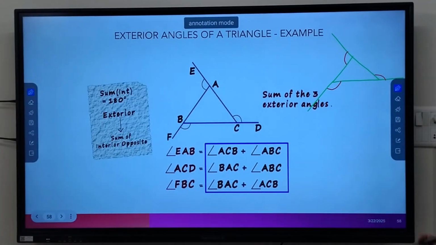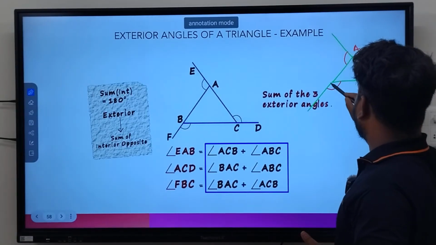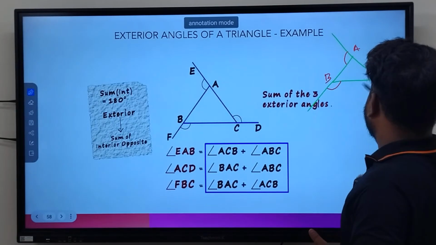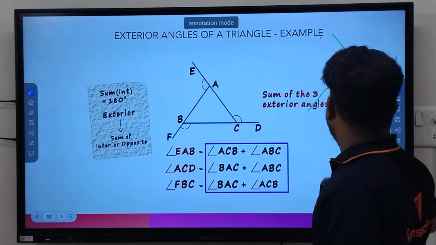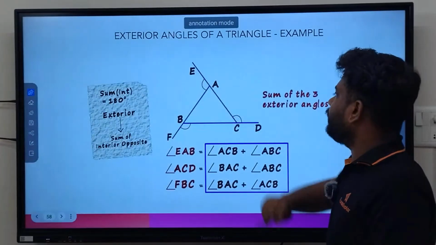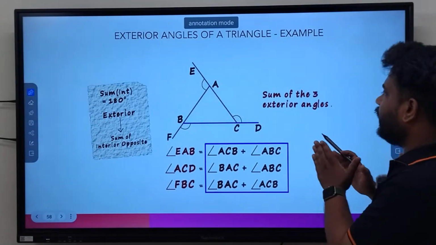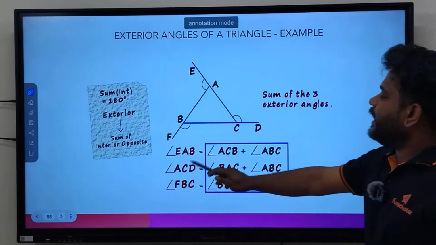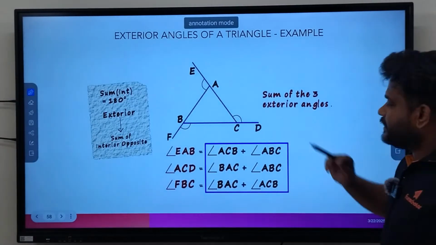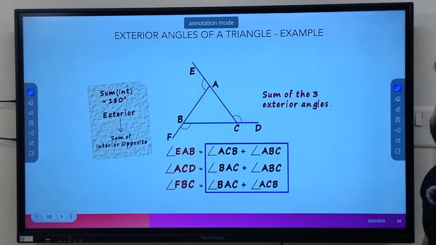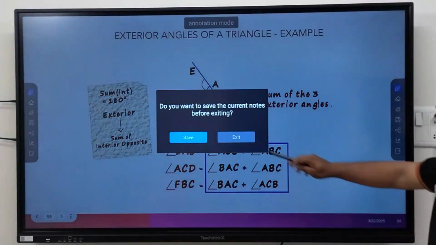Then we can also give names to all of them, like A, B, C. So if I name them as they have given, like E, F and D, then EAB will be the exterior angle of angle A, ACD will be the exterior angle of angle C, and FBC will be the exterior angle of angle B, right? So let's go further.